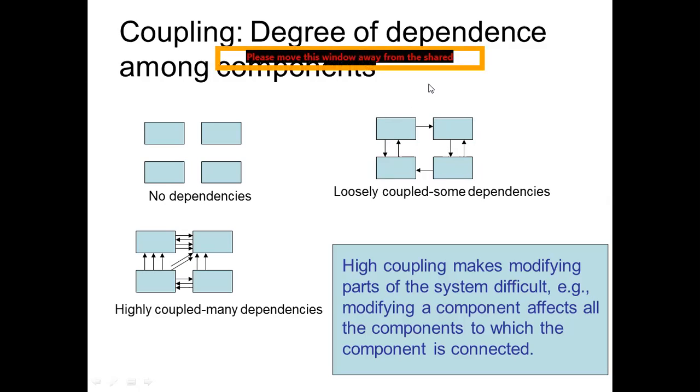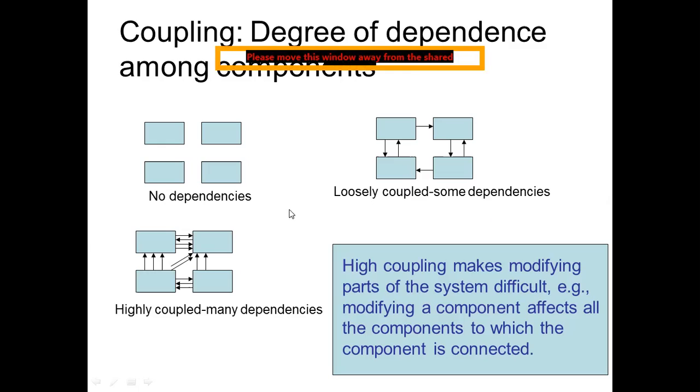Whenever we combine these components, it is called a module. This is again a module with 4 components, and you can see it has an interface; data and control may flow to each other. Here the direction is one side, and again here the direction is one side. Such type of coupling we can call loosely coupled.